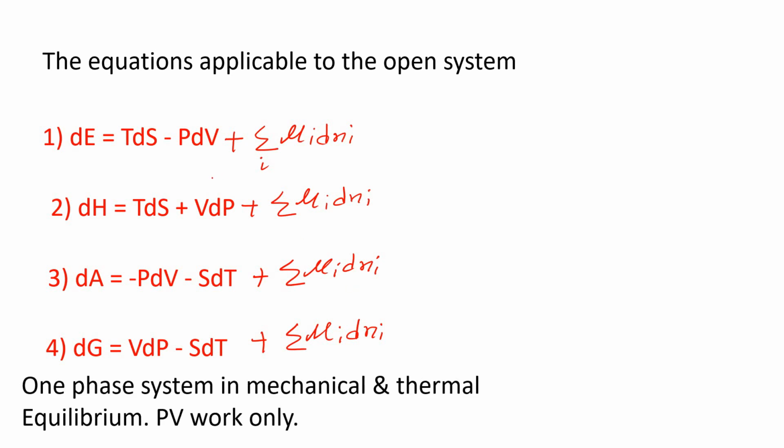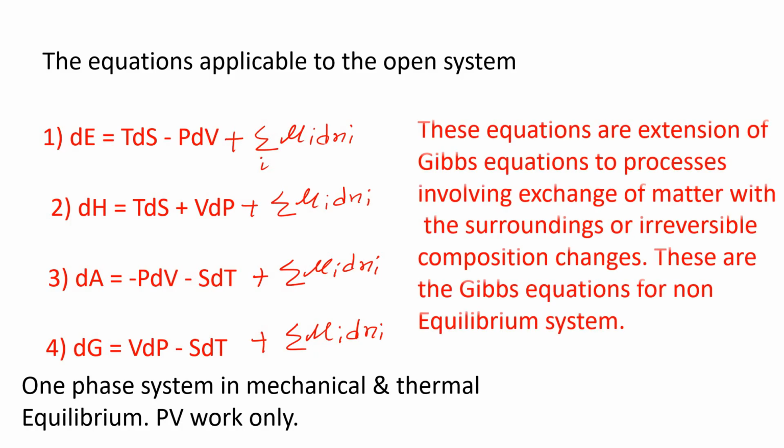This is for all these equations for a one phase system, remember, which is in mechanical and thermal equilibrium with only pressure-volume work. Every time we are taking this condition. So these equations are an extension of the Gibbs equation to processes involving exchange of matter with the surroundings or irreversible composition change, such as an irreversible chemical reaction.